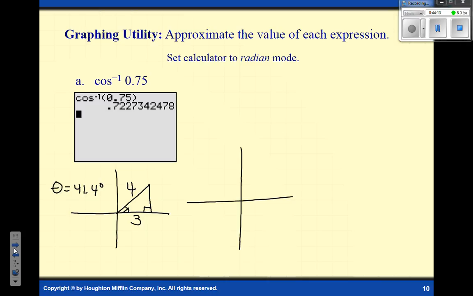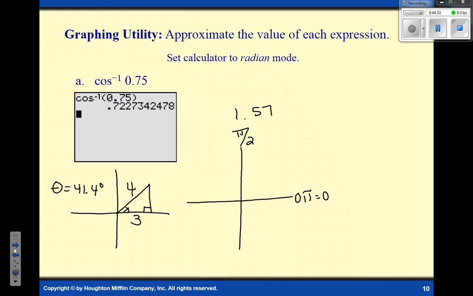On the unit circle, if this is 0, then that has a value of 0, right? If this is pi over 2, what is that numeric value? 3.14 divided by 2. Take your calculator and do that. 1.57. Good.